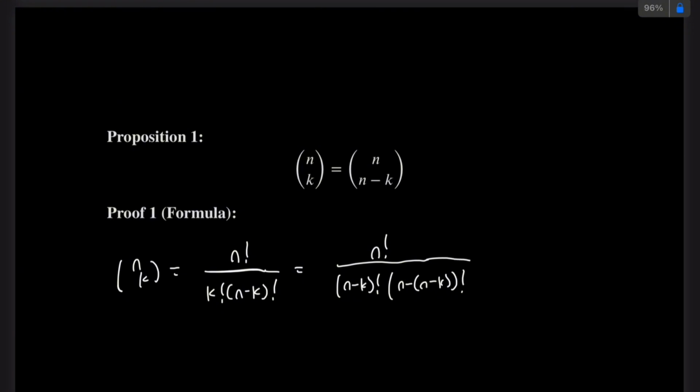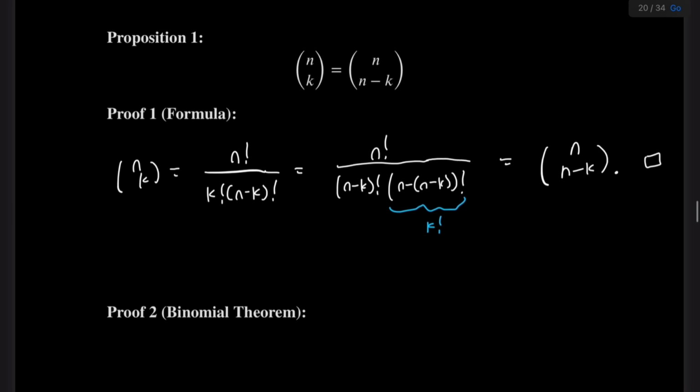Since this here is just k factorial, right? But then what is this? Just by the formula that we have for these binomial coefficients, this is just n choose n minus k. Okay, so this is probably the most direct way of seeing this.